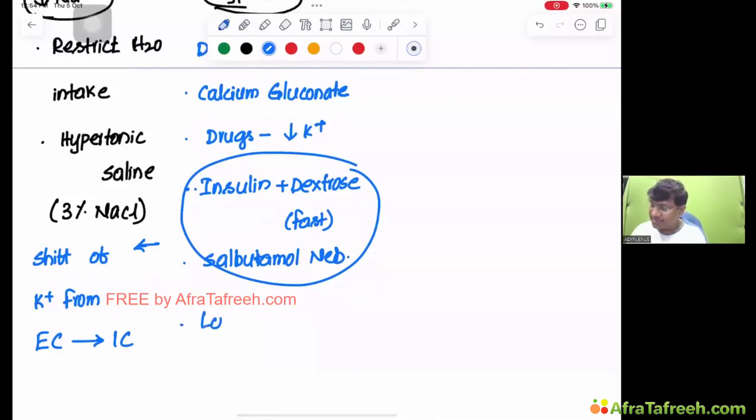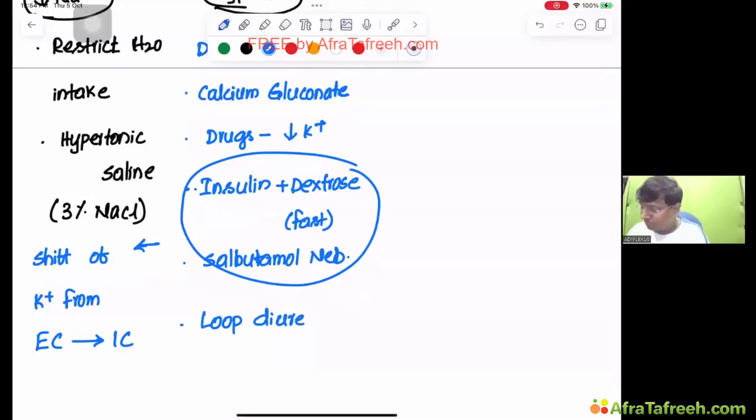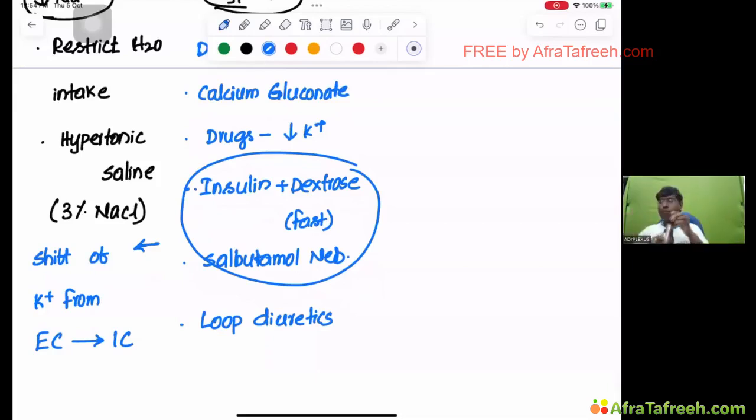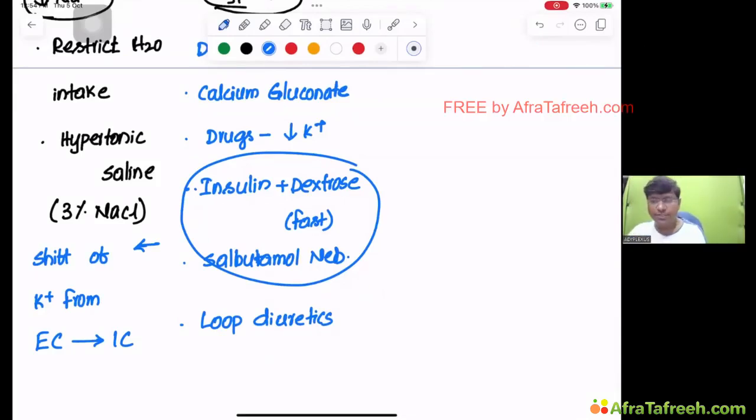And the other drugs that you should give are the loop diuretics. Loop diuretics will cause the excretion of potassium.